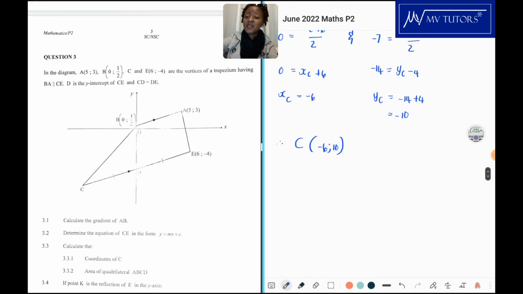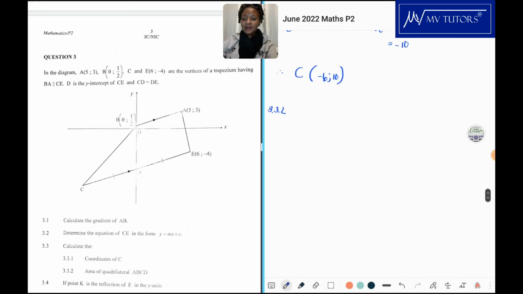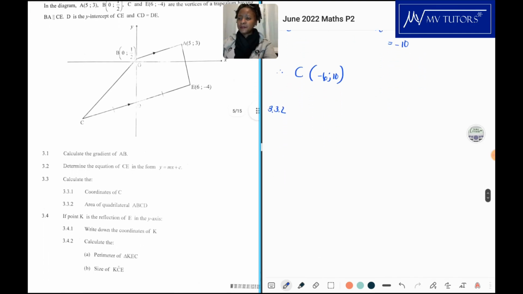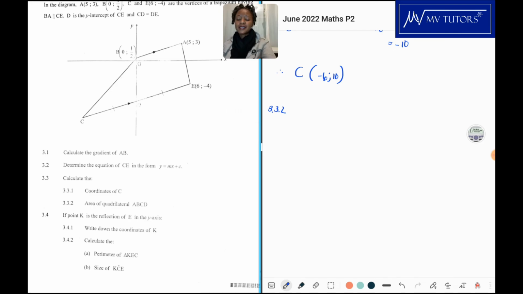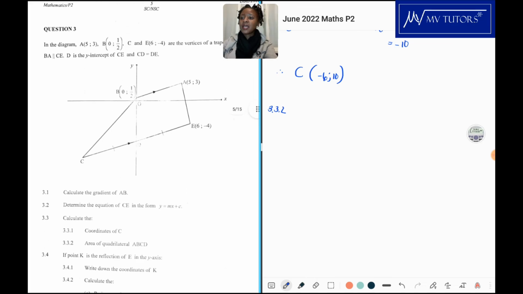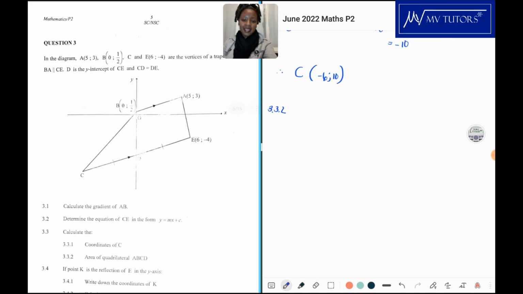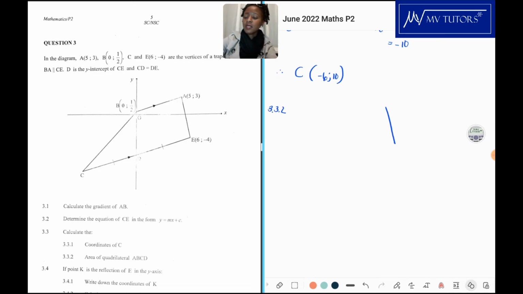Alright, and then 3.3.2, it says calculate the area of the quadrilateral ABCD. Okay, so ABCD is a trapezium. I think let me just redraw this trapezium for ourselves. Don't mind the drawing if it comes out all how.